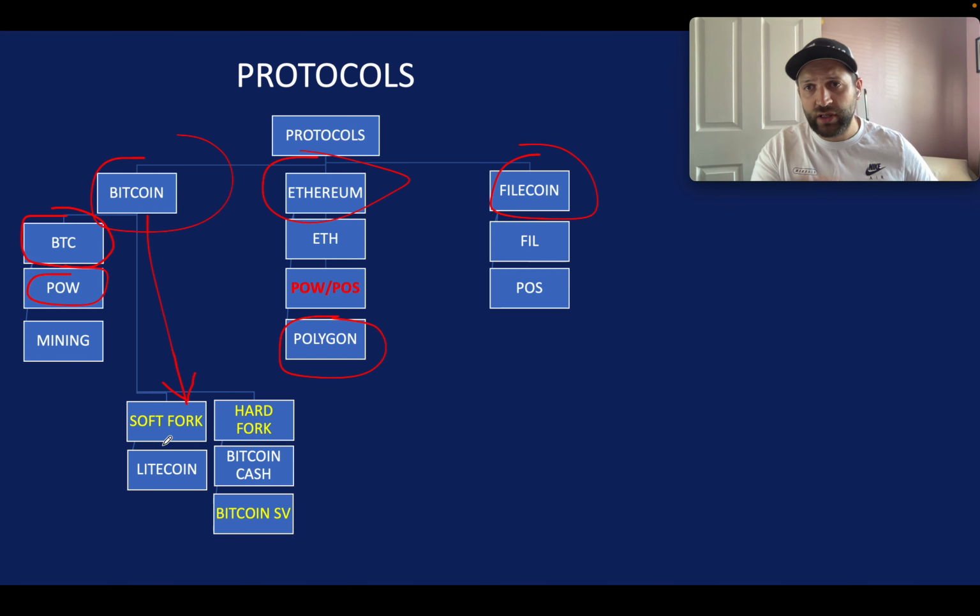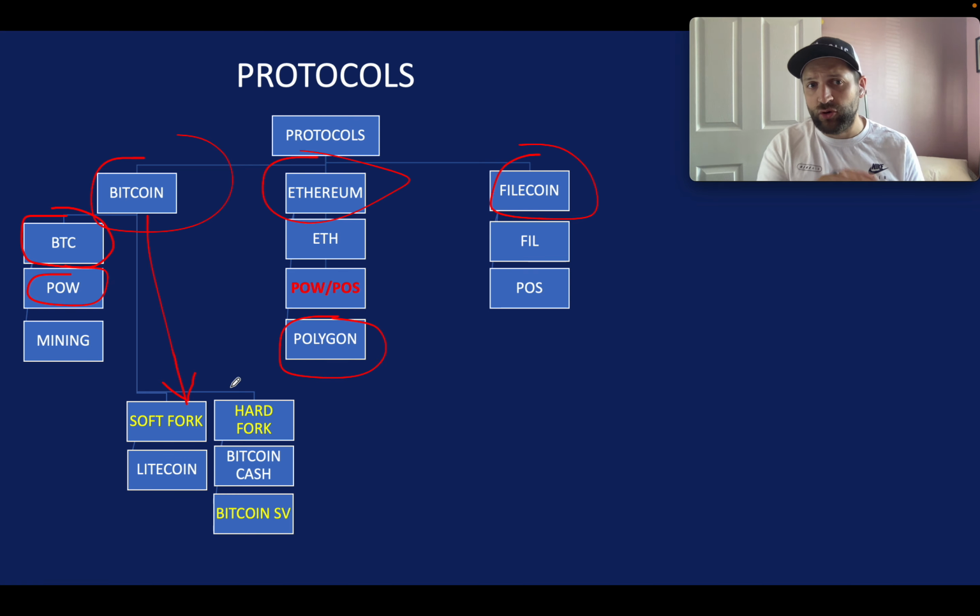So Litecoin is a soft fork of Bitcoin, so it means that they liked many things of Bitcoin, but they wanted to change one or two things. So not on the protocol level, but on the software level. For example, Litecoin is 4 times the supply of Bitcoin, so 84 million Litecoin tokens will be available. Yeah, that's why it's been referred to as Bitcoin Silver previously.